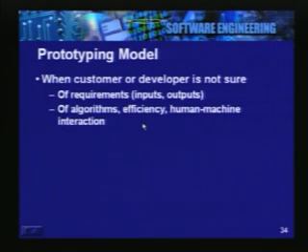In the prototyping model, we try to build a prototype rather than the final solution, and we do this especially when the customer is either not aware of his requirements, that is, what exactly he would like to have the software do for him, or the developer is not sure about how to develop the software, how to implement the business rules which are generally required for the software.